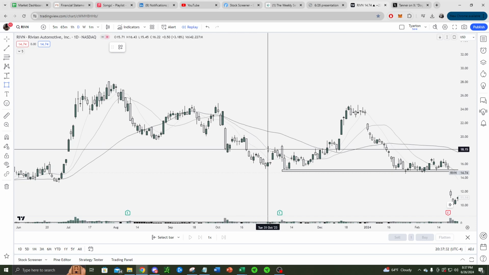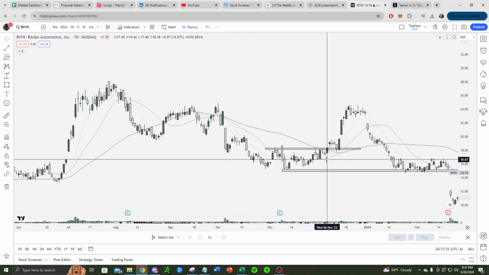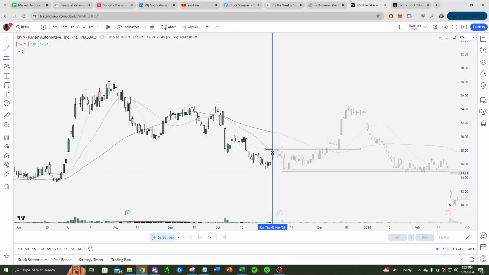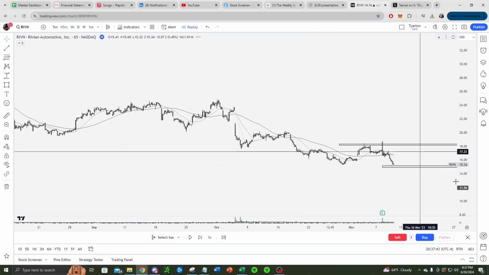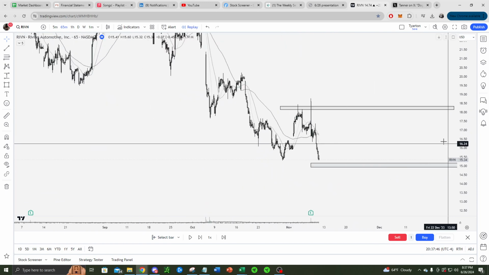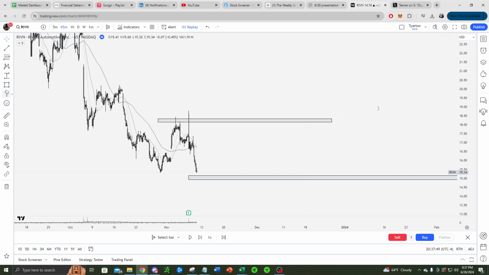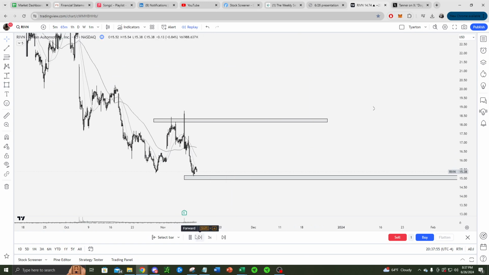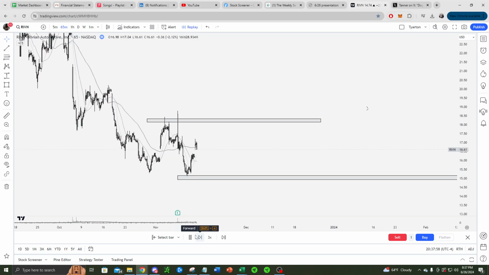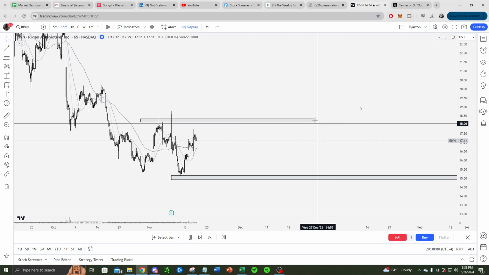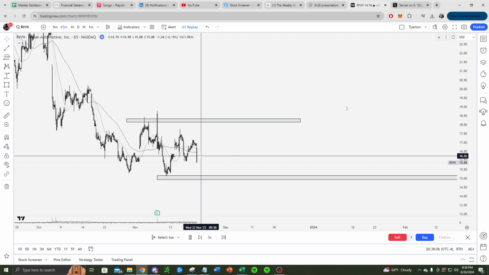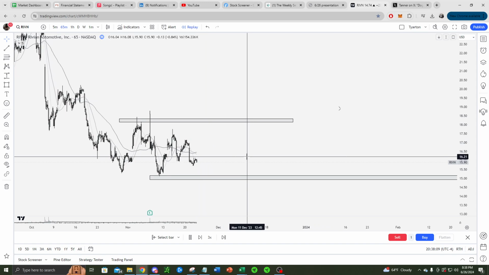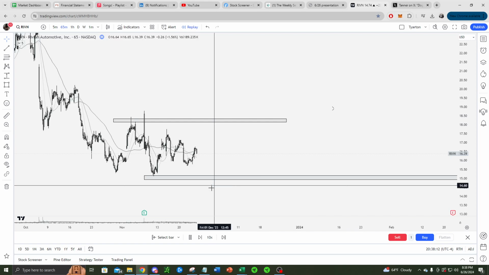Okay, so this is a trade that I had taken on Rivian a while back. So the daily had a rounded bottom against this 18 level. And what we're looking for here is the hourly to converge on that daily and make it make sense for a trade.